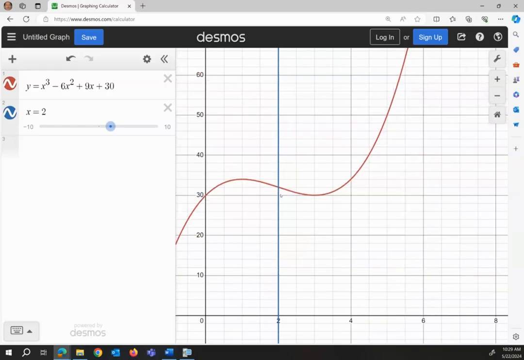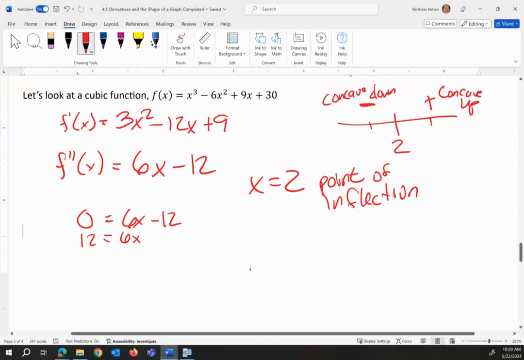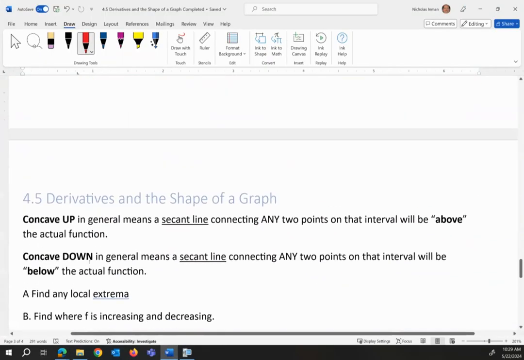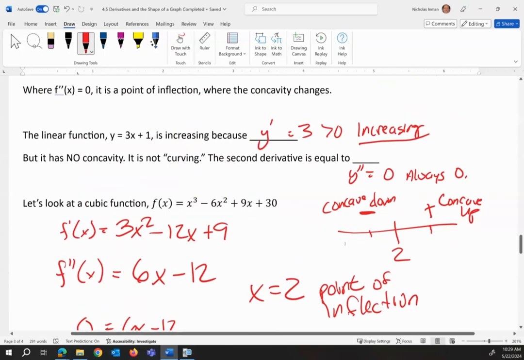Now, the best way to think about it, to really gauge whether you have concave up or concave down, is to draw a secant line. Connect any 2 points that are in the same interval. So connect any 2 points in the concave down zone or any 2 points in the concave up zone.